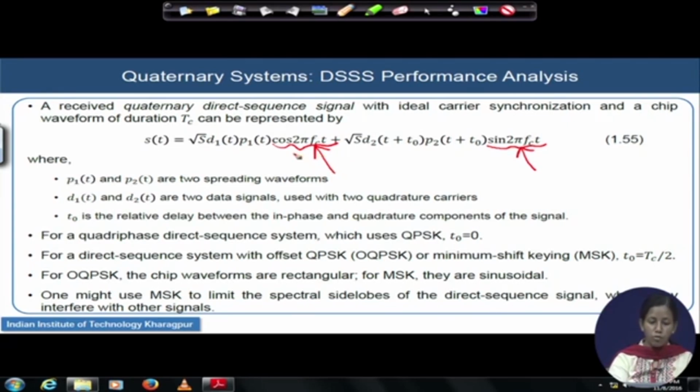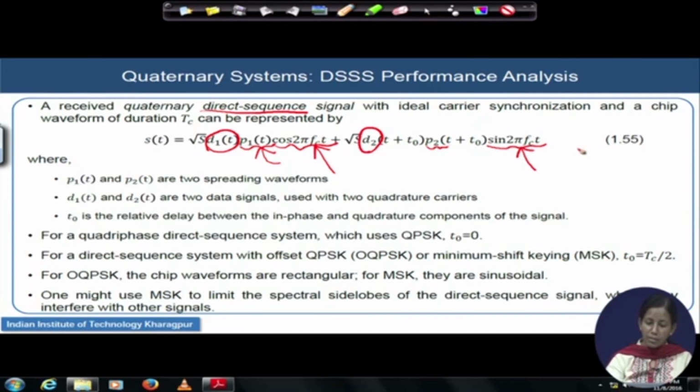And we have two different symbols transmitted over these two orthogonal basis functions. Within that, once we are using direct sequence spreading, the spreading sequence used to spread the symbol D1 is P1, and the sequence used to spread the signal D2, suppose, is P2.